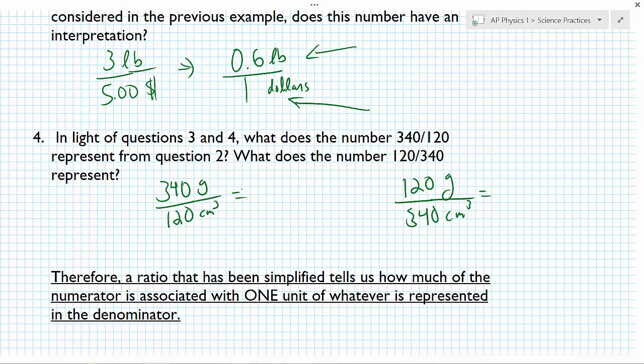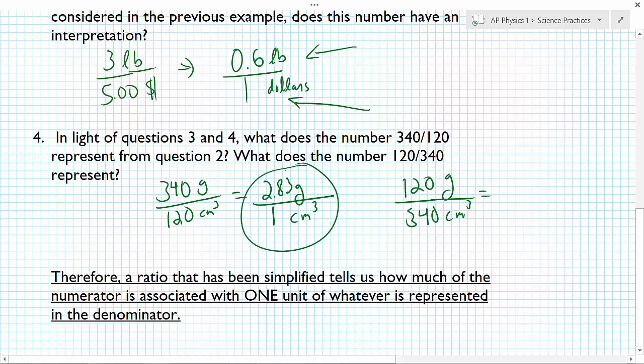So when I take my grams divided by cubic centimeters, I'm going to get 2.83 grams on top. On the bottom, I still have my unit of centimeters cubed, and when I reduce that fraction down, I can always put a 1 in the denominator. So now I have a new way of looking at density. For each cubic centimeter of material, there is a corresponding mass of 2.83 grams. This is called the for each statement.